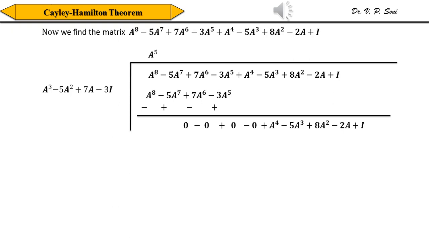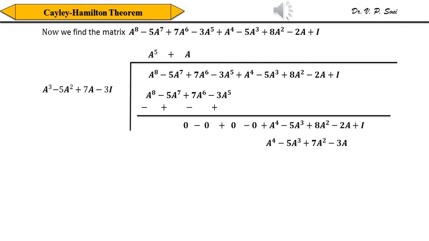Now see here, the degree of the remainder polynomial is 4 and the degree of the divisor polynomial is 3. So multiply the divisor by A, then we get the polynomial A raised to 4 minus 5A cube plus 7A square minus 3A.